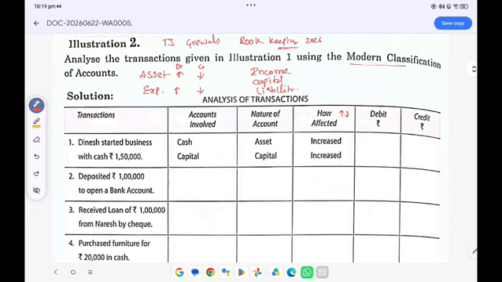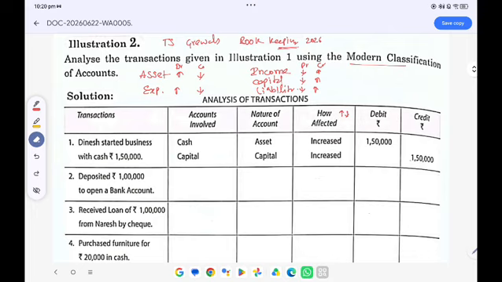Vice versa for the other items: debit decrease, credit increase. So now capital increases means credit. Asset increases means debit. I repeat again: if asset increases, debit; liability or capital or income increases, credit. Here it is capital, that's why it increases.